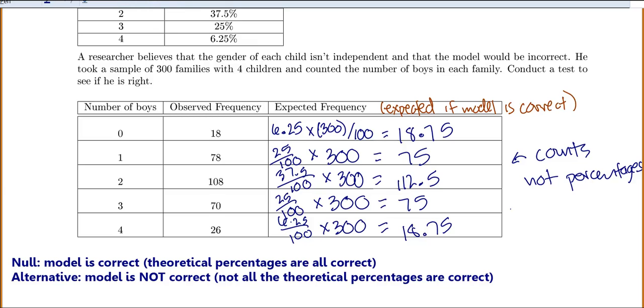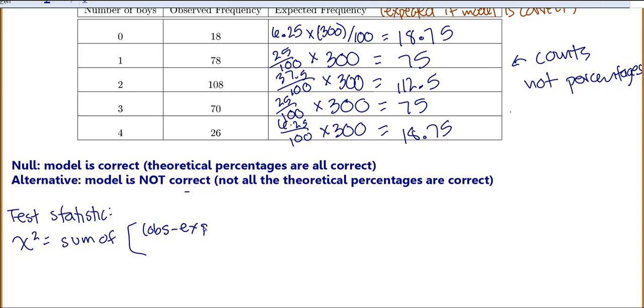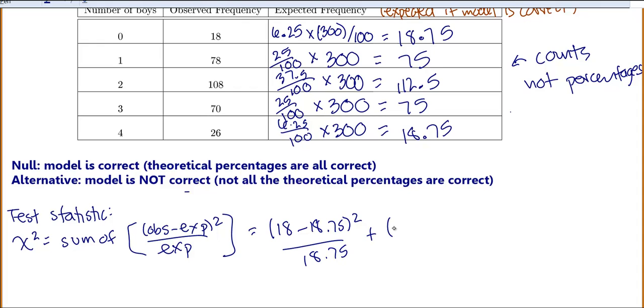Let's find our test statistic. Chi-squared is equal to the sum of each observed minus expected, squared, over expected. So my first observed is 18, so 18 minus the expected of 18.75, squared, over 18.75. Plus my next observed is 78 with an expected of 75.